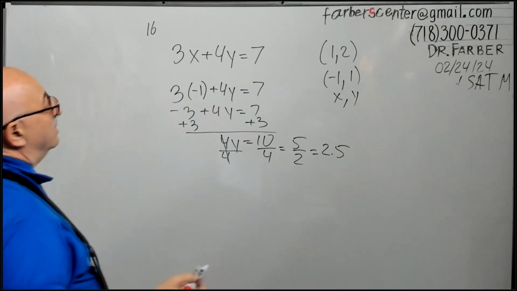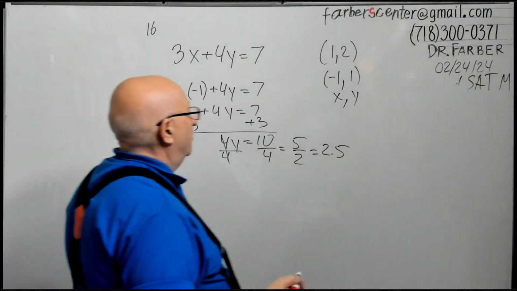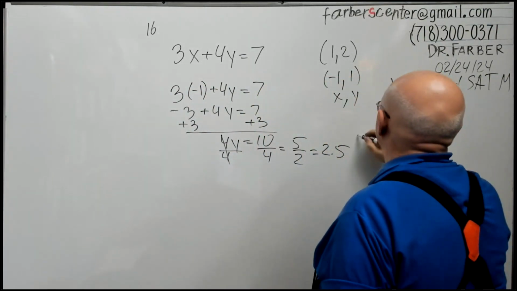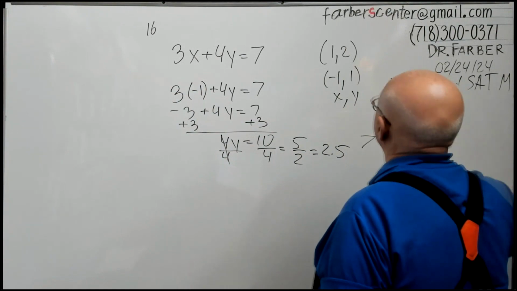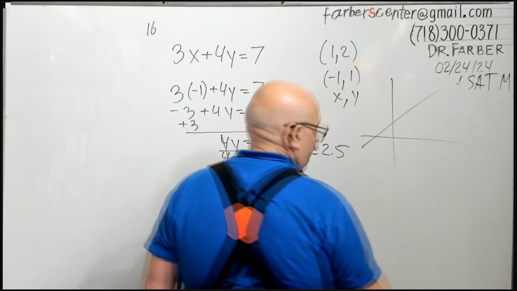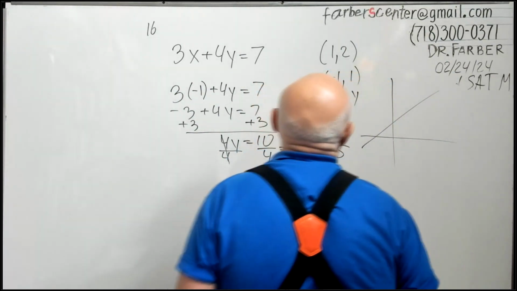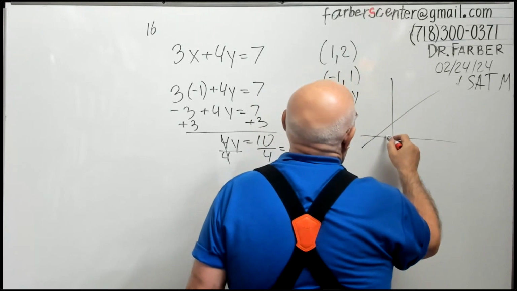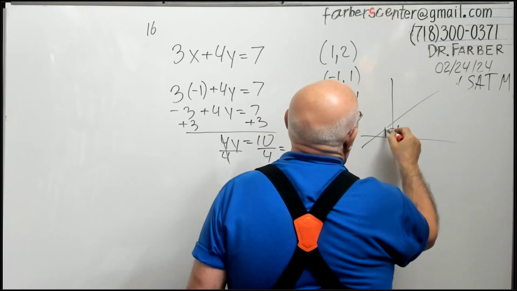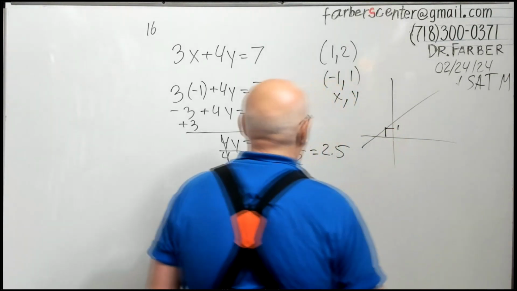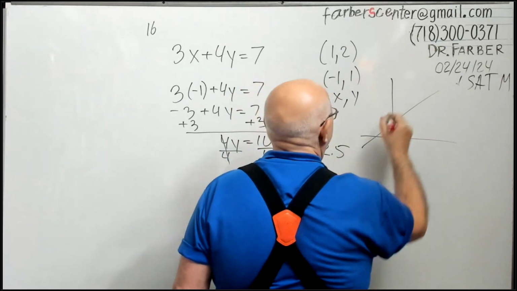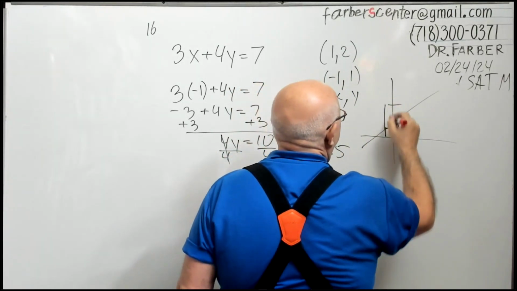So generally speaking, if we plug in, just to explain this schematically, pretend we have a line. And when x equals -1, what do we have here? It's supposed to be 1 if the point belongs to this line. But y equals 2.5 for this x.